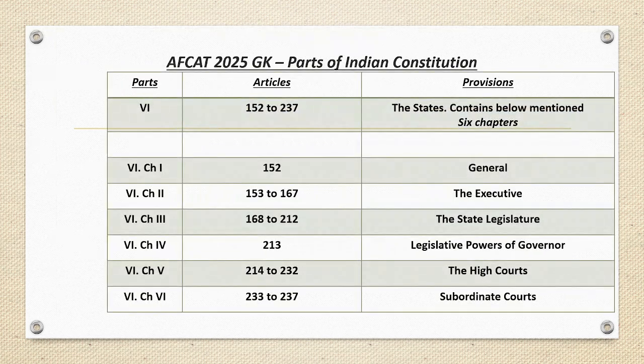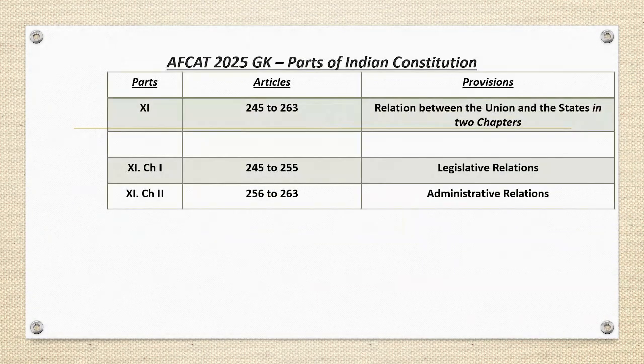And part 6 is further divided into 6 chapters: general, the executive, the state legislature, legislative powers of governor, high courts, subordinate courts. And part 11 is further divided into two chapters: the legislative relations and administrative relations.